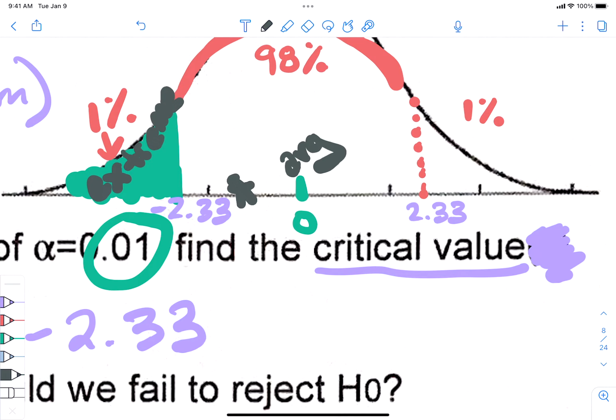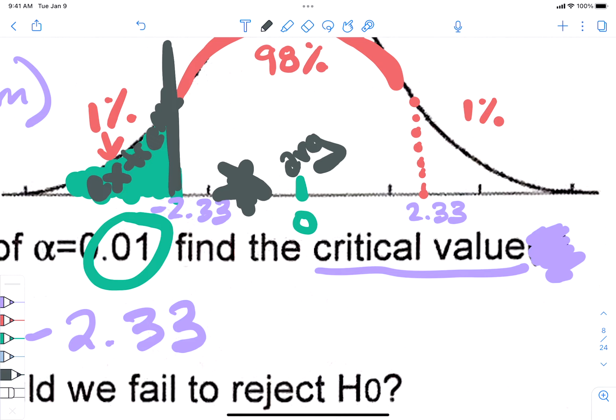Is he close enough to average to say that it's about equal to average? Is it in the extreme? He's right here. The extreme value isn't anything below negative 2.33, right? So here he is, right? Negative 2.33. If it's anything lower than negative 2.33, he's considered to be extremely lower than the average, right?